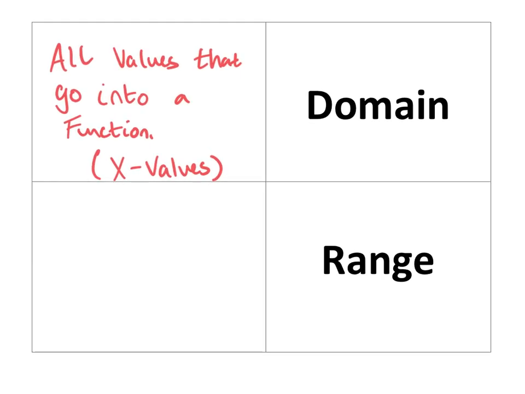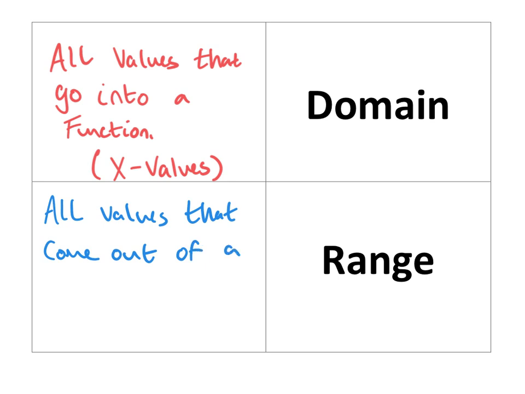Now, similar to that, you have the range. These are all values that come out of a function. We learned last week when we looked at plotting points that you're going to have x values, and then what do you think the range is going to be?